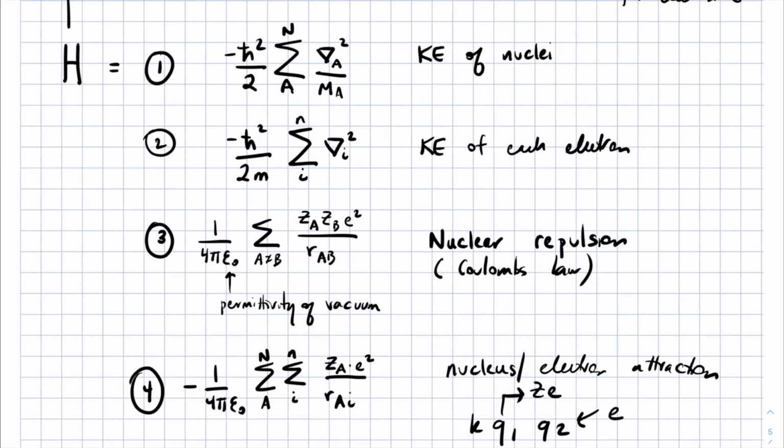The book doesn't include the 1 over 4 pi times epsilon. Do you know why that is? Yes, good question, and thank you. I also need to start sharing my screen again. Yeah, the book doesn't show these constants.